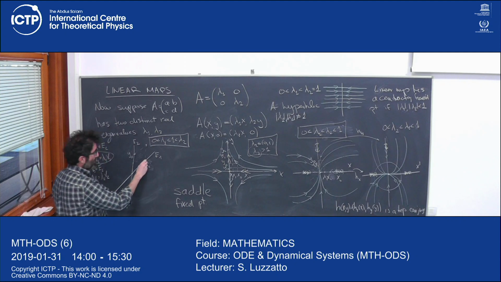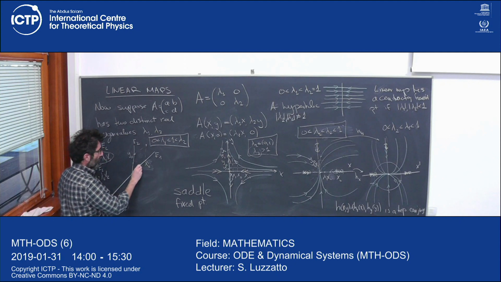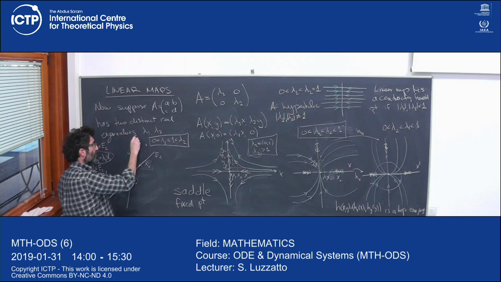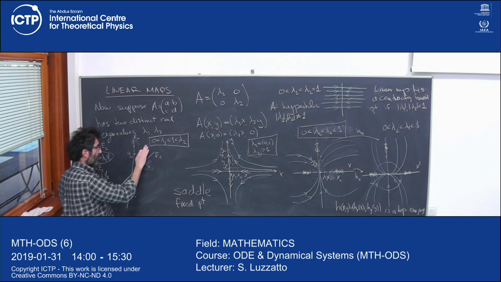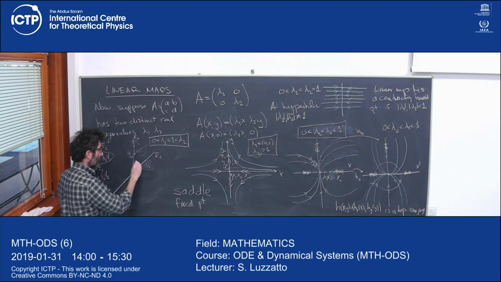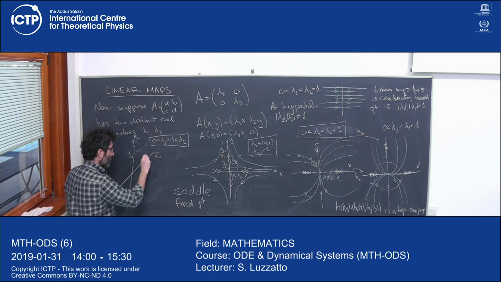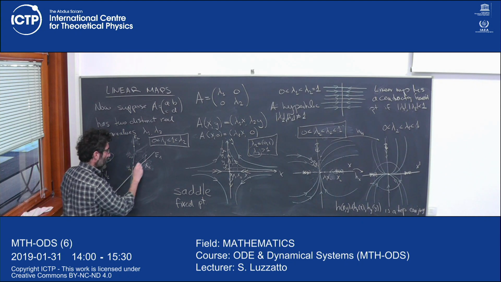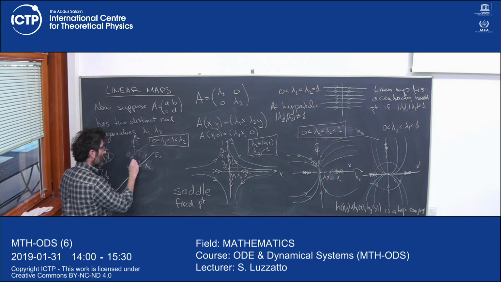Then x0 maps by lambda 1, so it maps here. y0 maps by lambda 2, so it maps here. Maybe I should have drawn them smaller, closer to here. So x0, y0, then x1 maps to here, y0 maps up to here, so you get a point here.